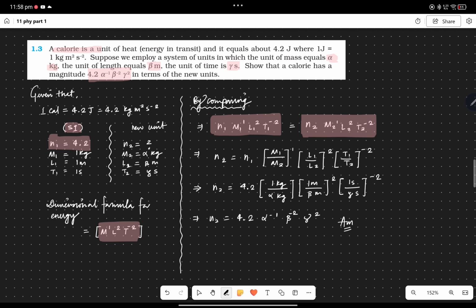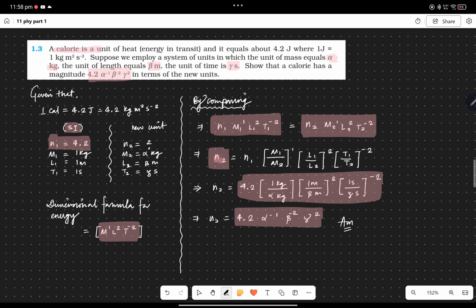And then you have to equate, and then you have to find the new coefficient. What is going to happen is you are getting a new coefficient for the new unit, right? So you have to just solve this and you will get that equation, and as you solve this, you will get the coefficient of the new unit like this, right?